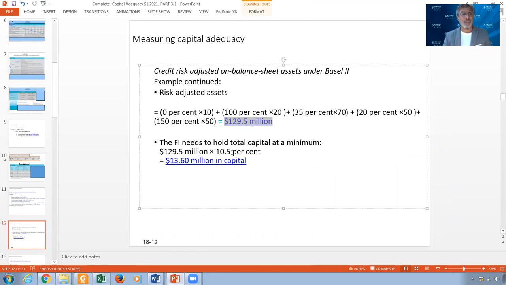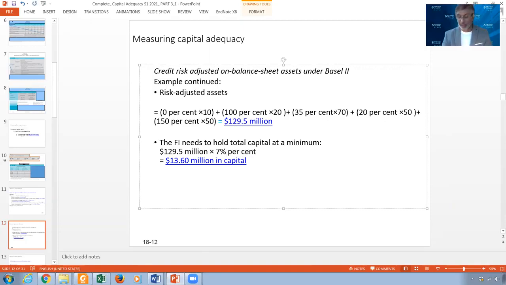So the financial institution needs to hold capital at a minimum of 129 times 10.5%, which is 13.60 million, just for this credit. This is just to satisfy the total capital. Now you can talk about common equity, and you multiply this only by 7%.